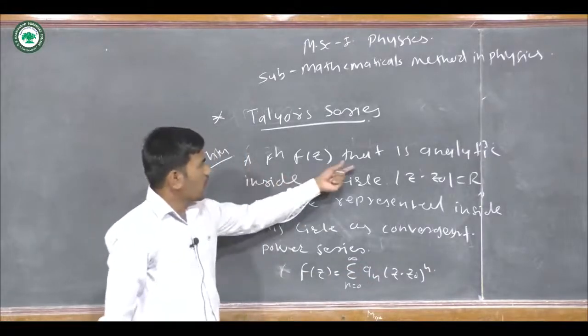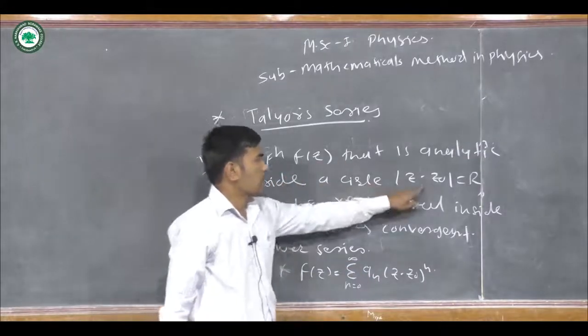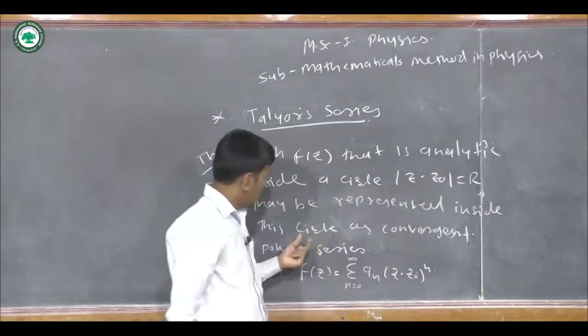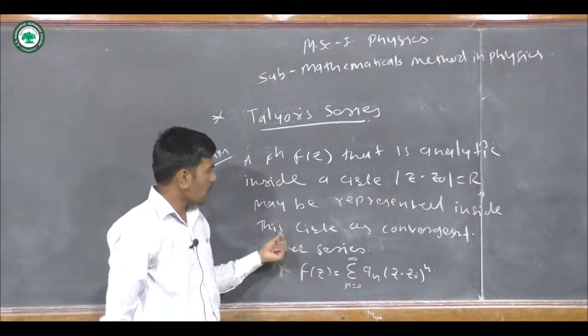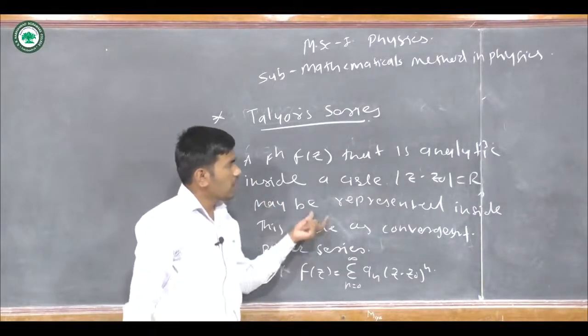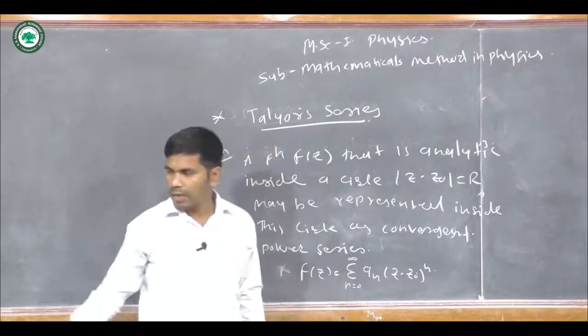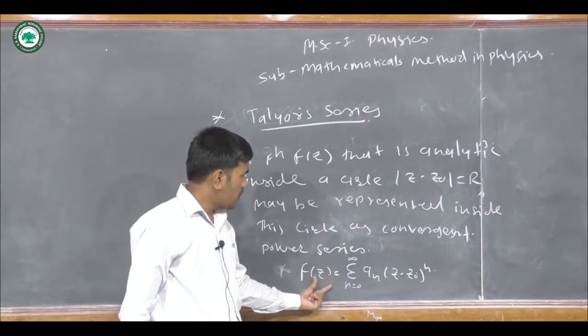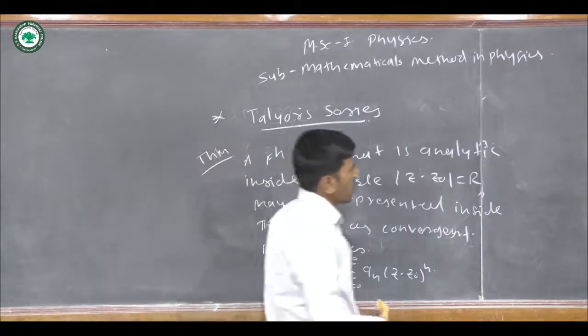So this f of z is analytic inside the circle, this region we consider, and inside this region we consider another circle. And in this circle this power series may be convergent. Okay, so that we are going to prove, and this an is a characteristic coefficient.